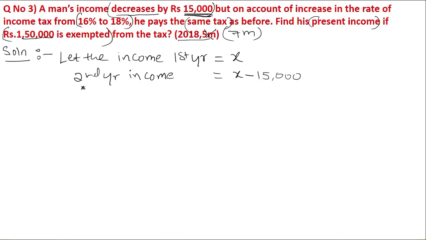The first year tax is 16%, and the second year tax is 18%. The percentages are not the same, but the amount of tax is the same.